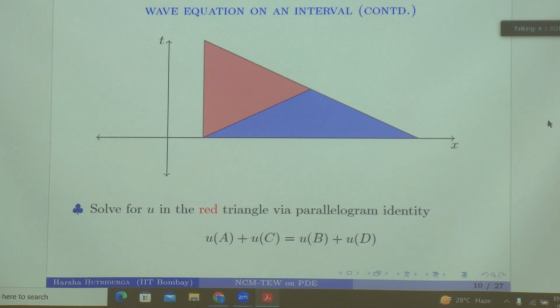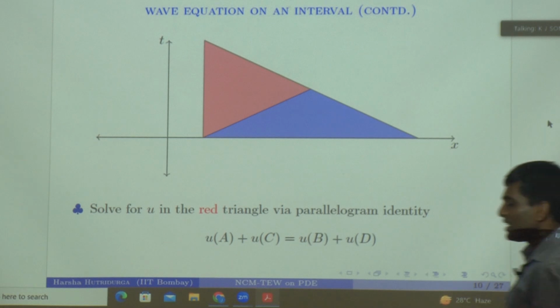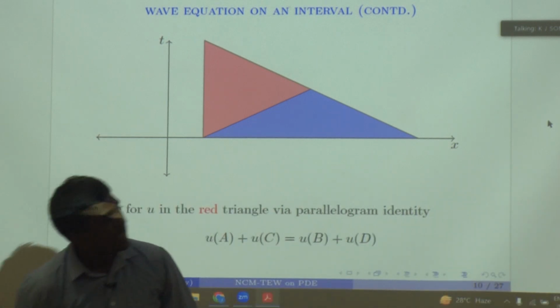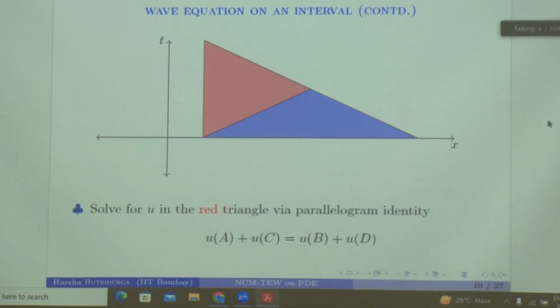Now, let's draw a characteristic parallelogram associated with this equation in that red triangle. Pick any point, suppose this is where I want to assign the value of u in this red triangle. I draw a line of slope minus 1, it hits here. I stop there. Then starting here, I draw a line of slope 1, it hits here.